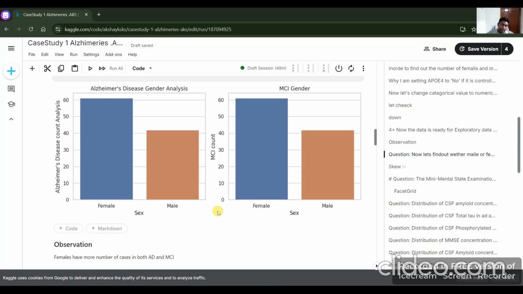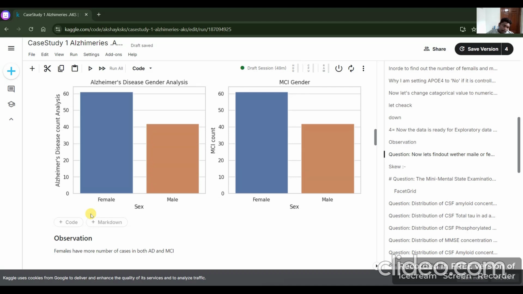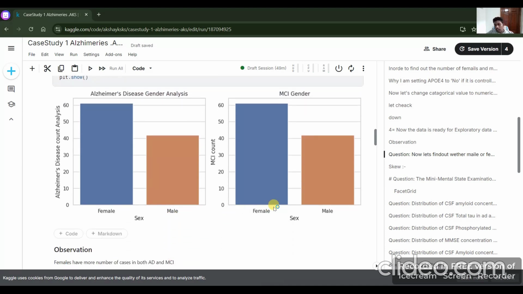Sex female and male counts. Observation: females have more cases in both AD and MCI. Sex female MCI gender, sex male, we can see the code.